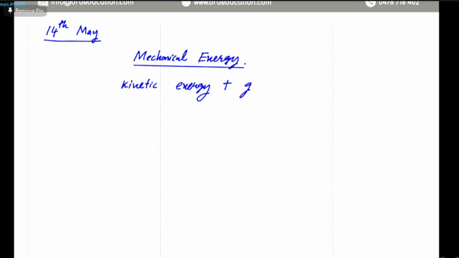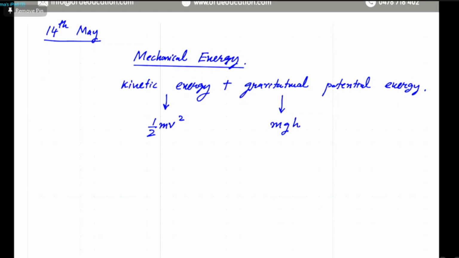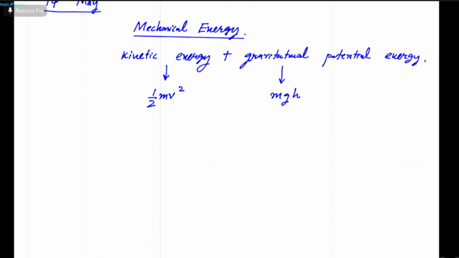We call it gravitational potential energy. Kinetic energy is given by half into mv square. Gravitational potential energy is given by mgh. So this is what we are going to discuss now.